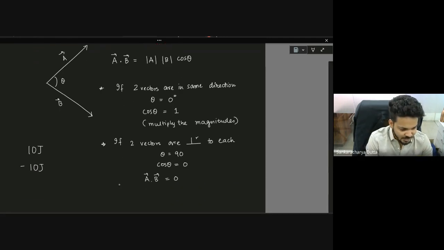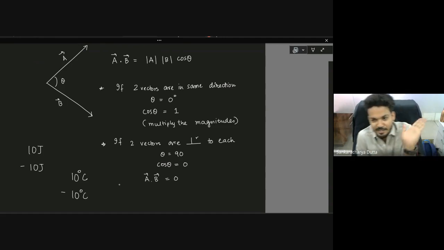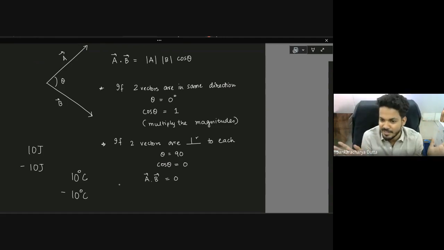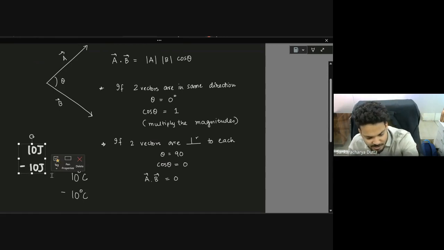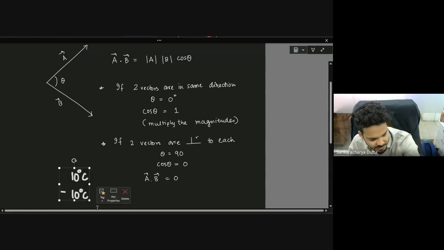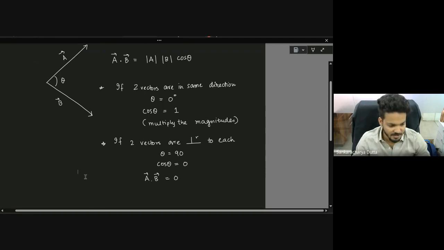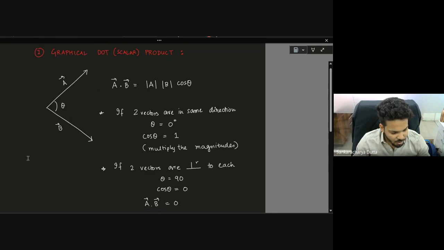It's like saying 10 degrees centigrade and minus 10 degrees centigrade are in opposite direction, 10 degrees centigrade this way, minus 10 degrees centigrade the other way. It doesn't make sense. In vector quantities, a sign means direction, but in scalar quantity, it just means the value is negative. It doesn't mean that the direction is opposite. I've seen people say work done is in opposite direction. That statement is wrong. So I hope you understood.